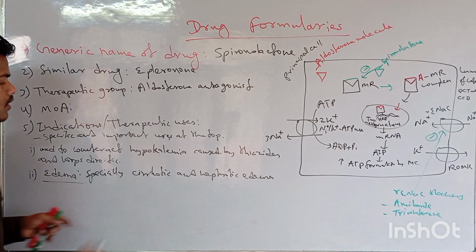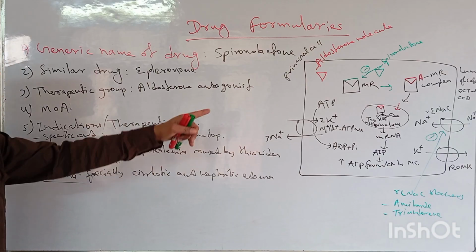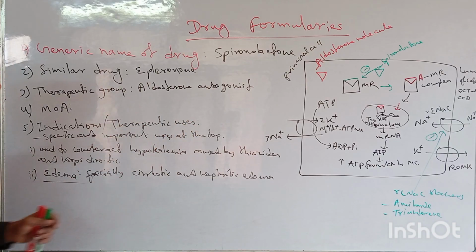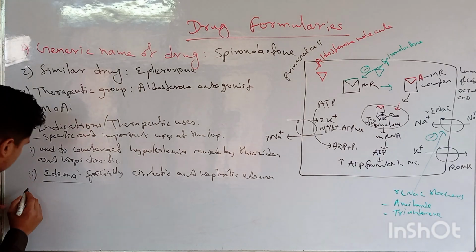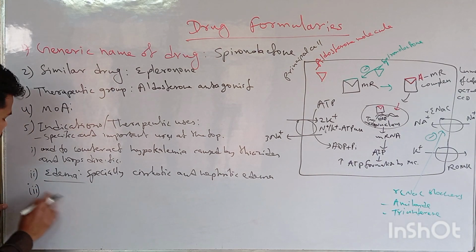So in those cases, spironolactone can be used. Spironolactone or amiloride can be used. Then next will be hypertension.